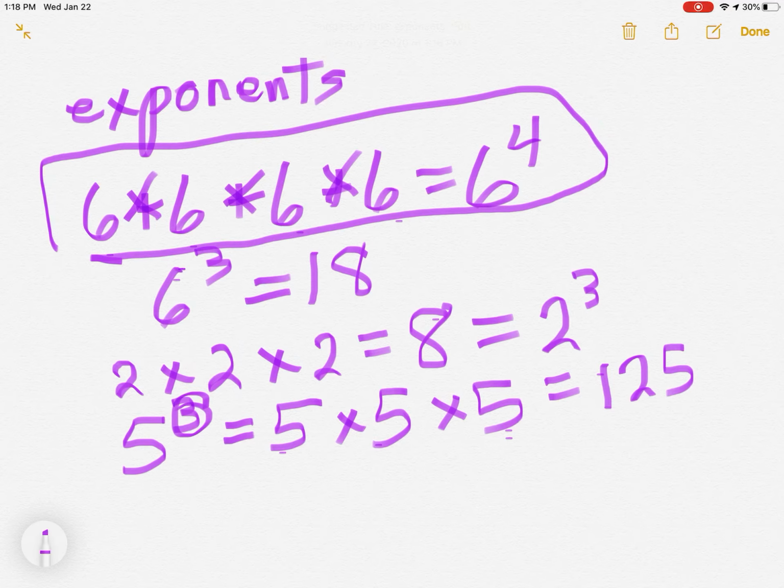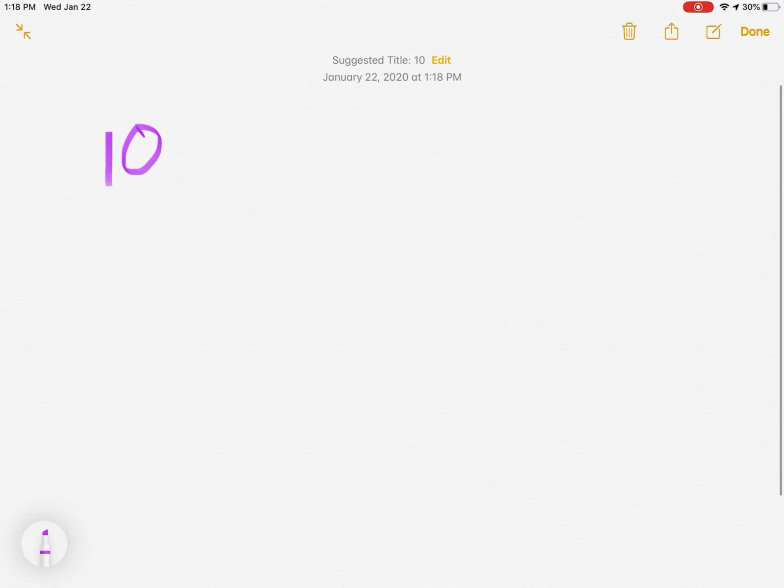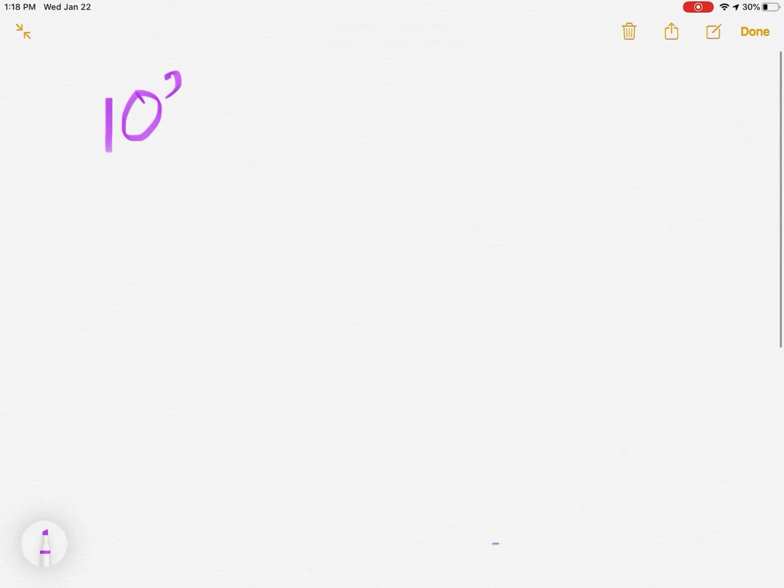Okay, let's do the 10 powers. They're pretty easy. So we got 10 to the second power. 10s are easy because you just add however many zeros that is. 1, 2.